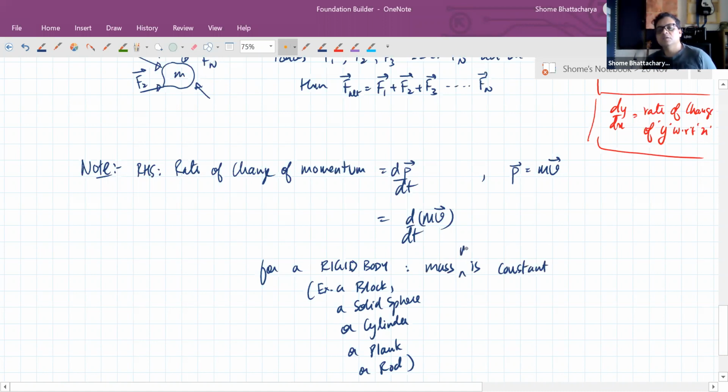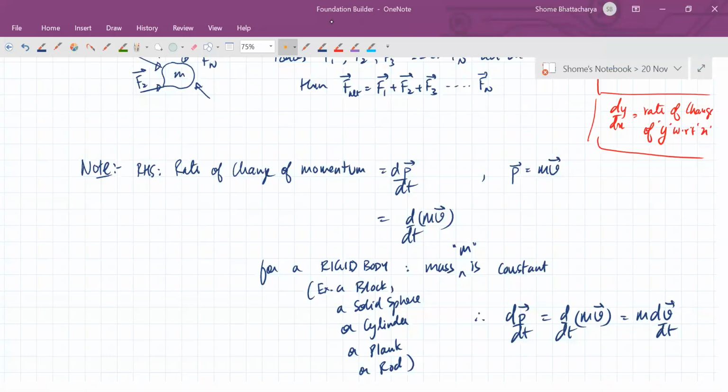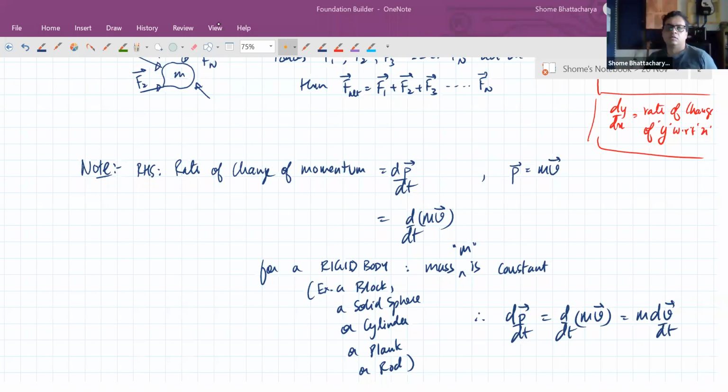The mass m is not changing with time. So therefore, rate of change of momentum dp by dt can be simply written as mass into rate of change of velocity. This is the property of differentiation that you know.